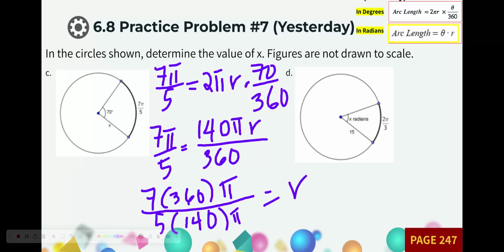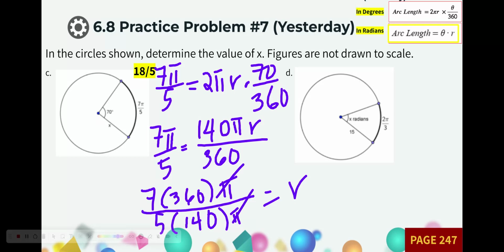So everything here is on the left side, 7 pi 360 over 140 pi times 5. You multiply everything together, and you end up with 18 over 5.